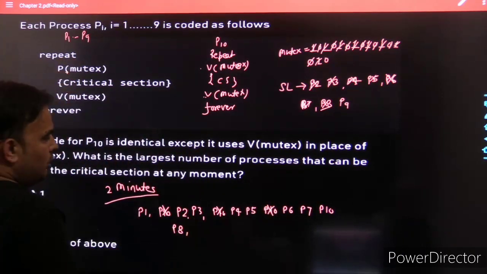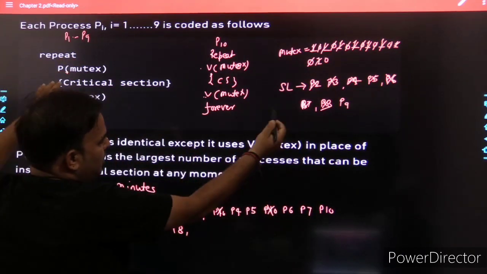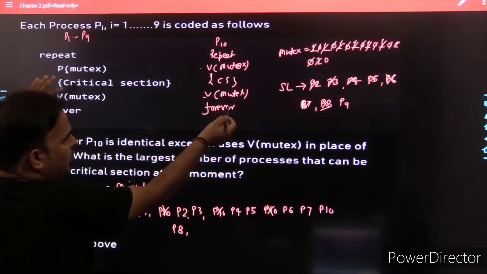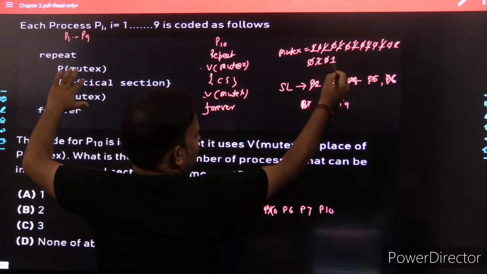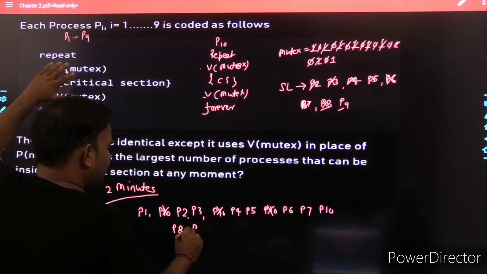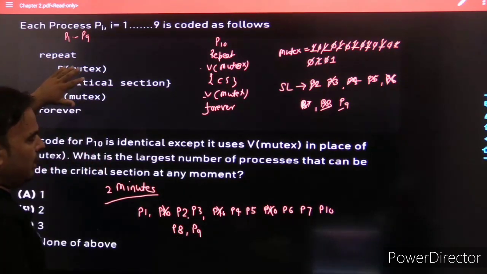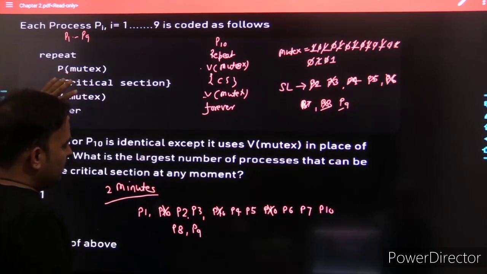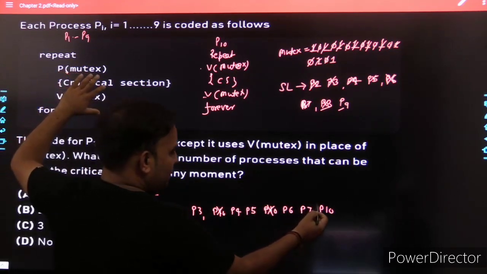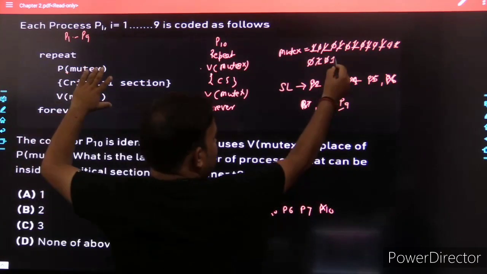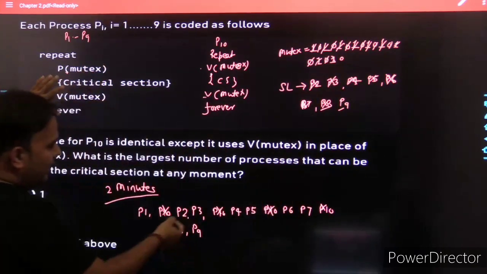Now suppose P10 completes its execution and wants to leave. It will execute this exit code, make the mutex 0 to 1, and wake up process P9. Now P9 can perform the down operation, yes, and enter into the critical section.